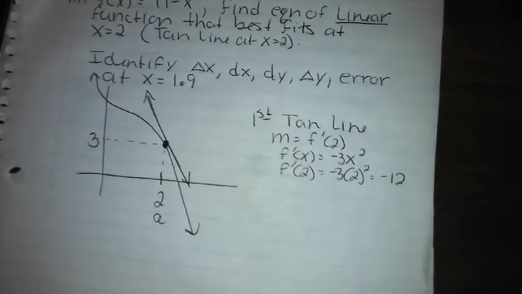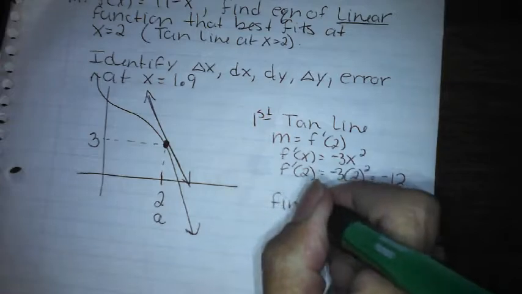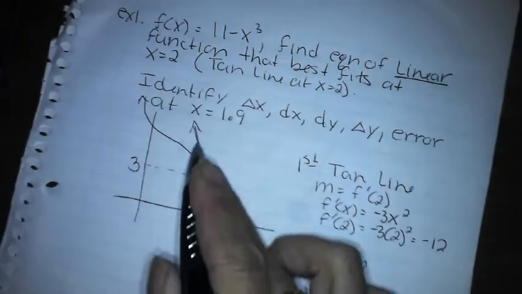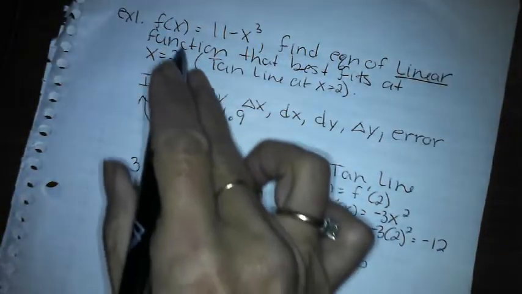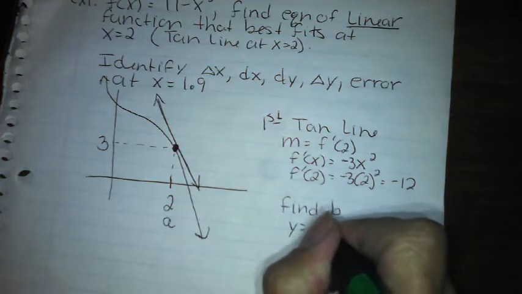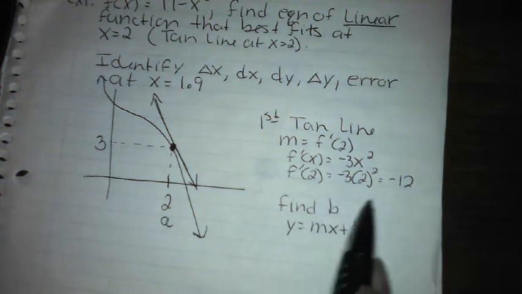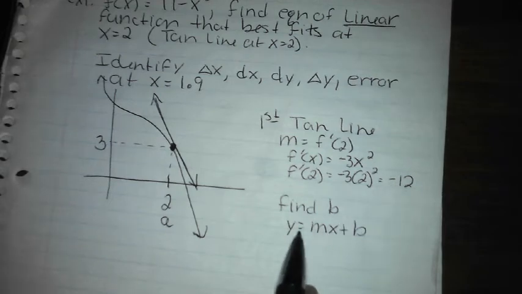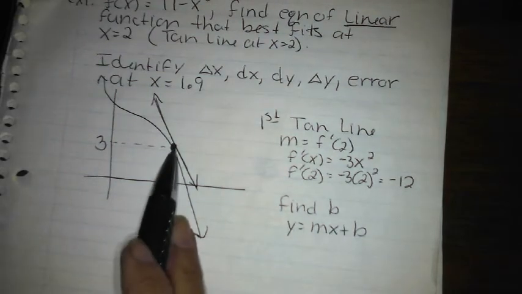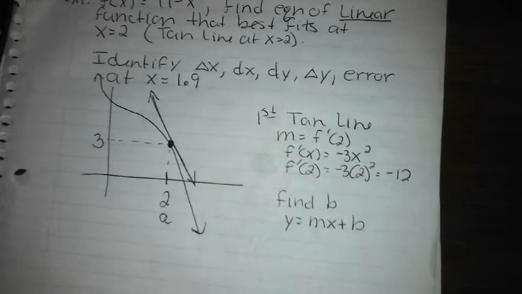And after that, we have to find the b, meaning where it's going to cross the y-axis. Looks like it's going to be up pretty high. So we go into y equals mx plus b. We know the m is negative 12, and we've got an ordered pair on our line. The tangent line shares this (2, 3) point, so we know y is 3.